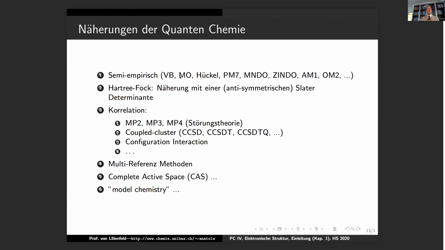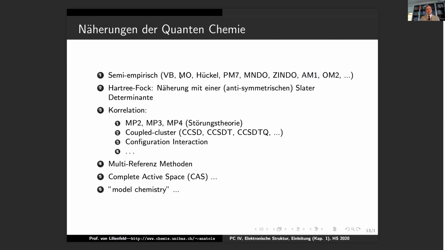As a second level, you have Hartree-Fock. Hartree-Fock is what's known as a mean field theory. It is a very important quantum chemistry method because it includes rigorously the anti-symmetry condition on your wave function, right? So the semi-empirical methods not necessarily have that, and so this is a major step forward, of course.